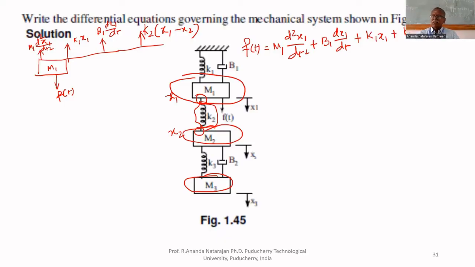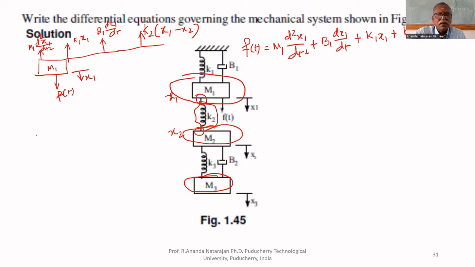The first equation is over. Why did we write f of t on one side and all the reaction forces on the other side? They are in opposite directions. F of t is downward, all other reaction forces are definitely upward.